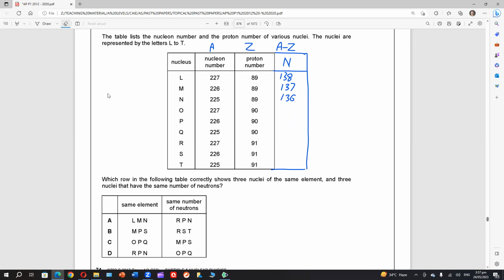So we can complete this and then we can answer the question.